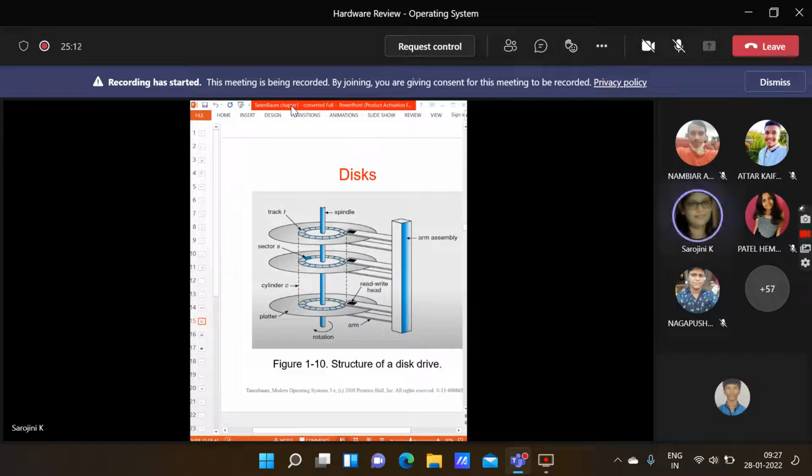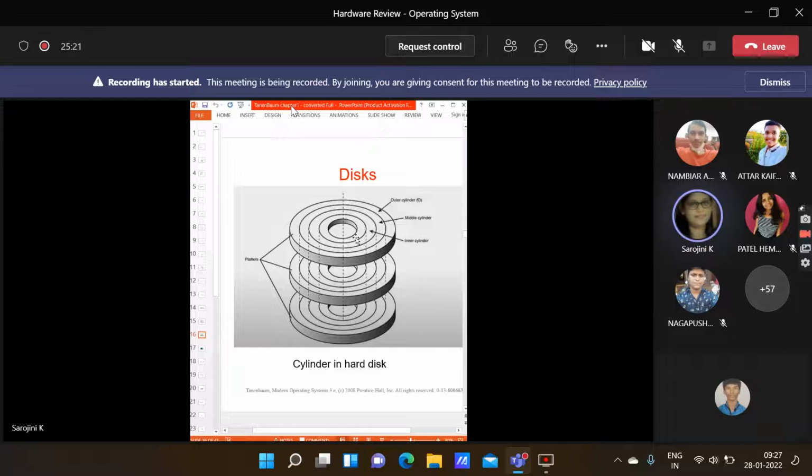If you want to read or write data, what you have to do? See, in the next diagram, the cylinder is shown. Each and every disk is split into tracks. I did not show the sectors here, because each circle is not further divided into segments. I have shown only the concentric circles to show what a cylinder is.